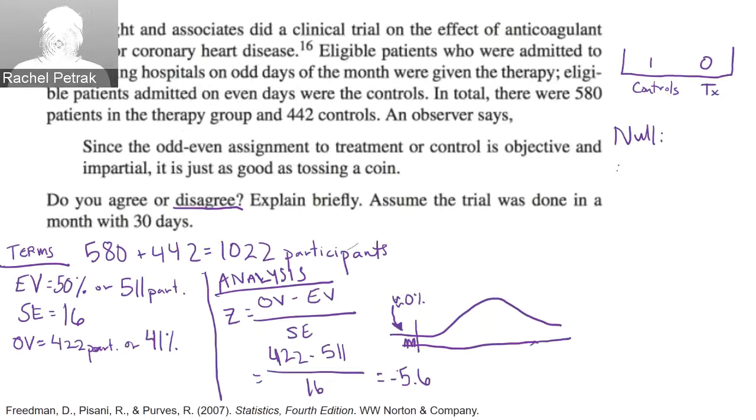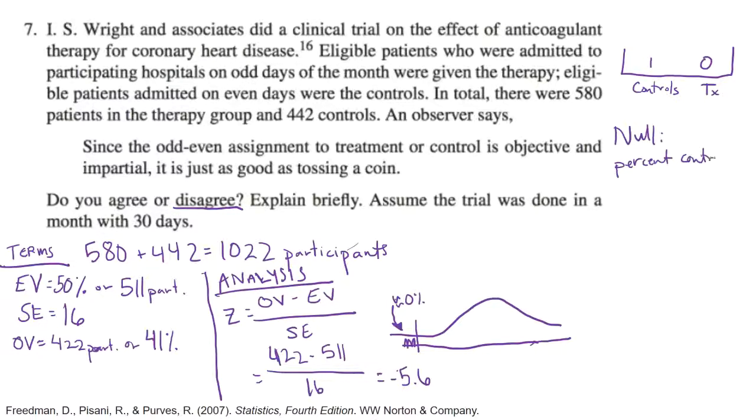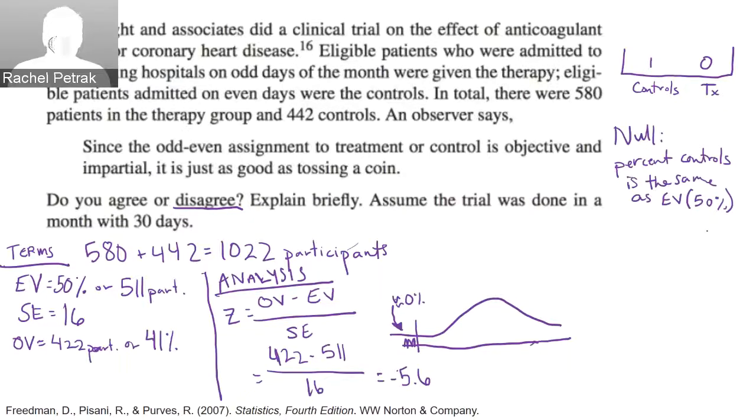The null would just be that the groups are the same, because that's what we're talking about, statistical sameness or difference.